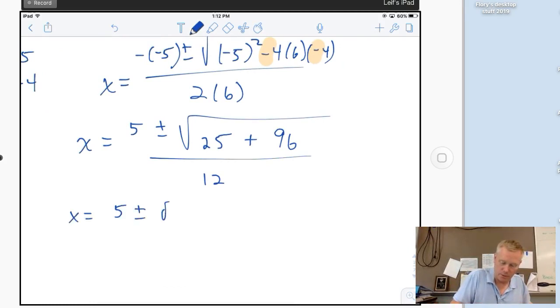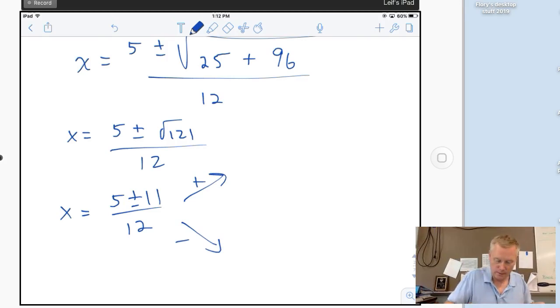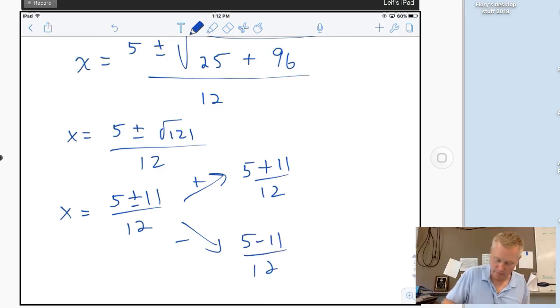5 plus or minus the square root of 121 over 12. Square root of 121 is 11. Now I'm going to break up the plus, the minus. And I got 5 plus 11 over 12 and 5 minus 11 over 12.